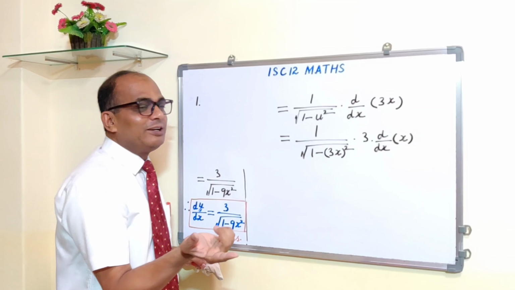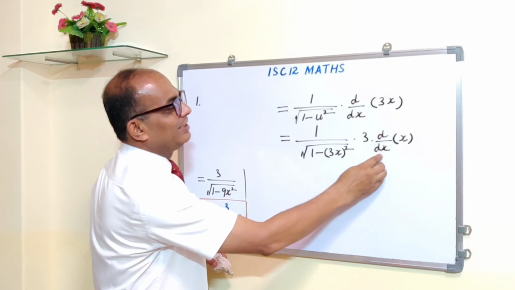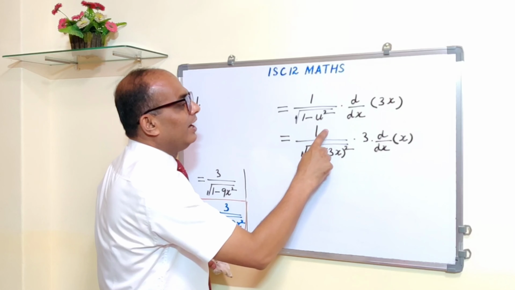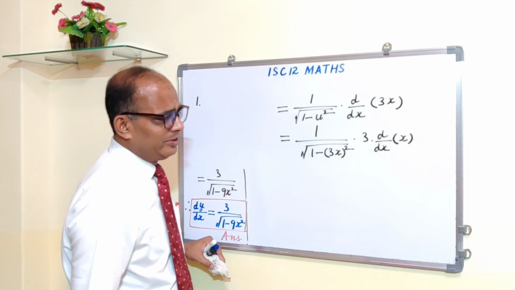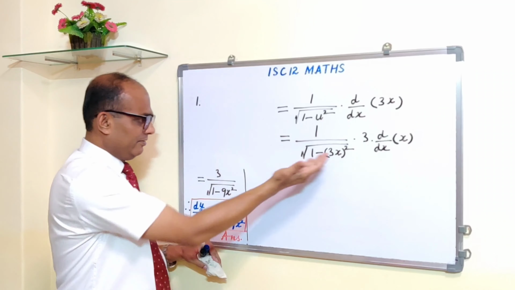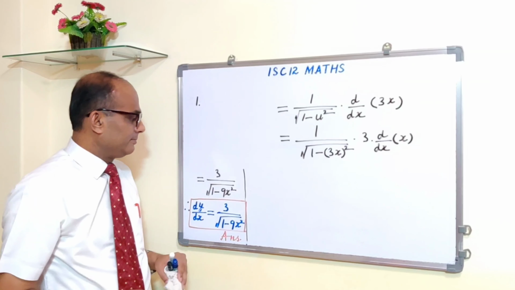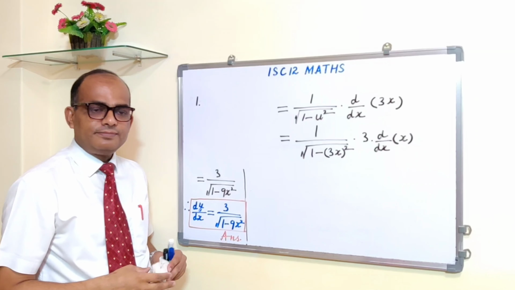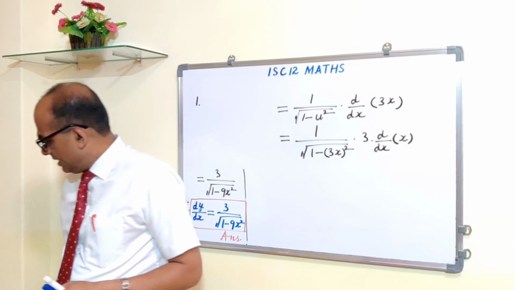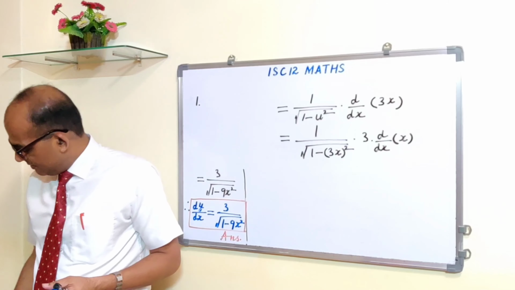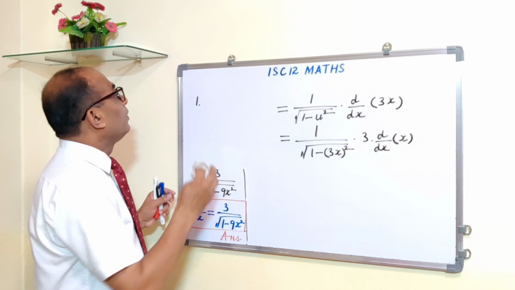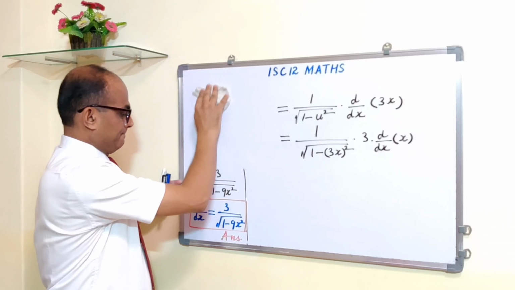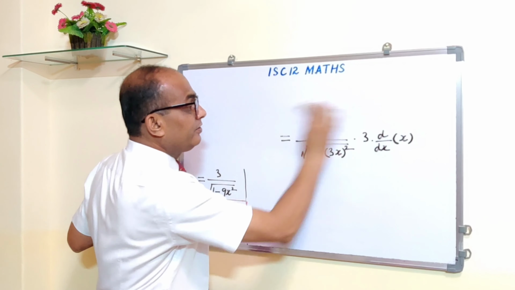If you wish to write down one more step, you can write down in place of d dx of x as 1. So you can write down 1 into 3 into 1, but that much you need not write down. You can write down 3. After that, you can write down 3 over root 1 minus 9x square, and this is the answer. Clear? Alright. Now, next question. Question number 2. This is called chain rule.